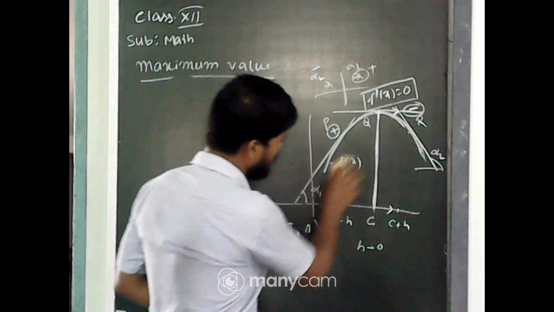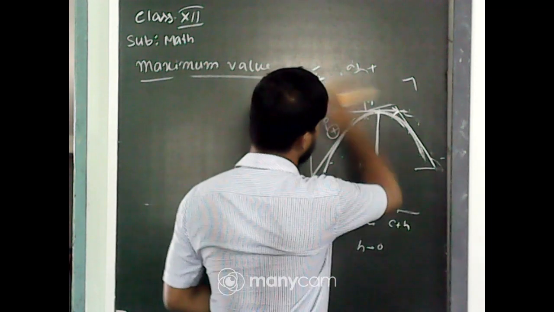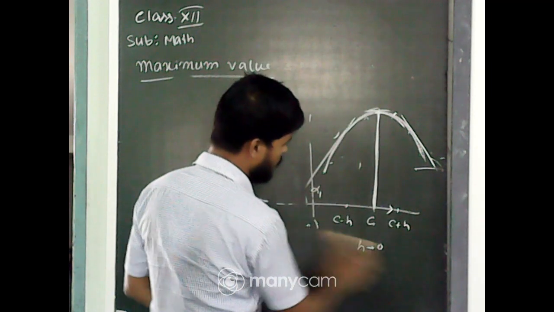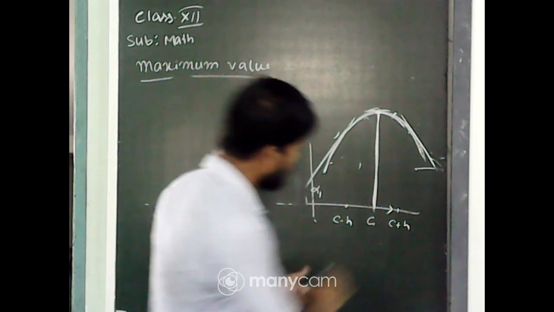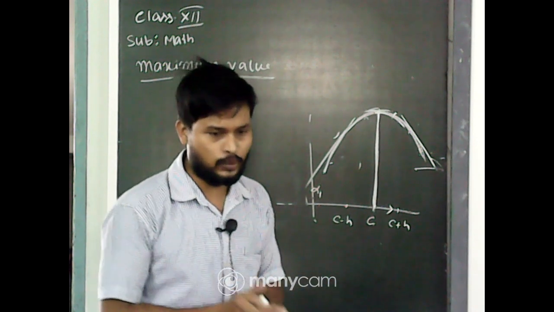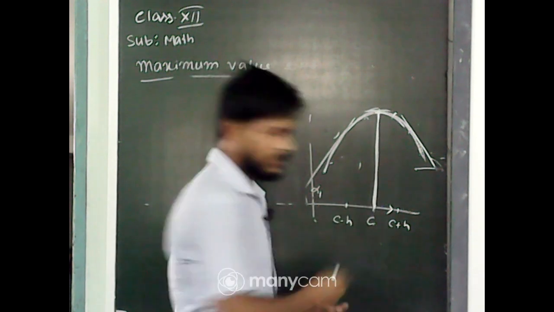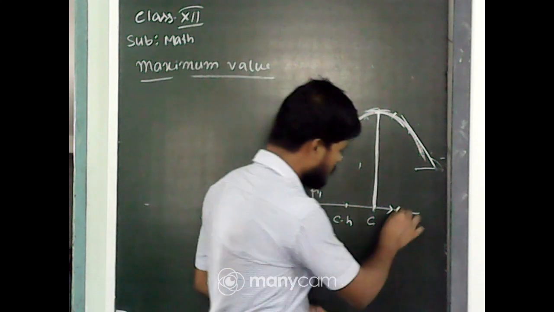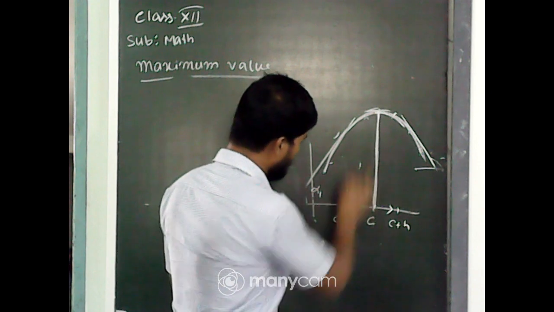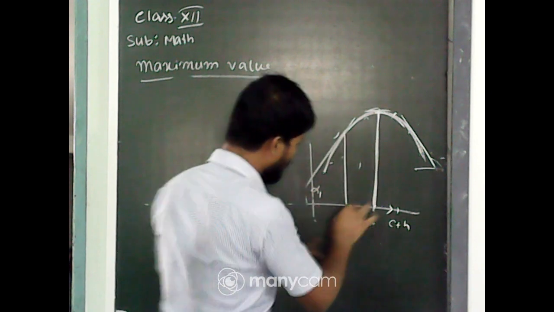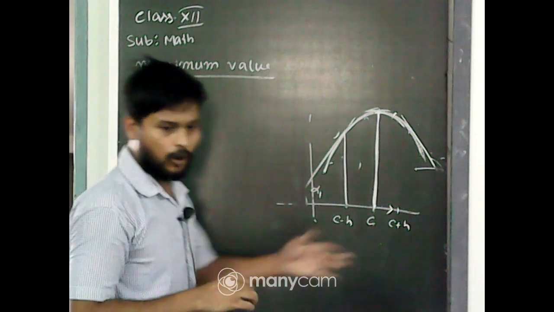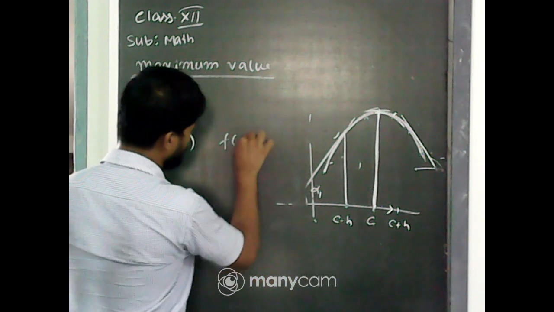Now we will derive a formula to find the maximum and minimum points. So, in the neighborhood of C, we are taking two points: one is C minus h and one is C plus h. Now, tell me, is f of C minus h greater than or less than f of C?